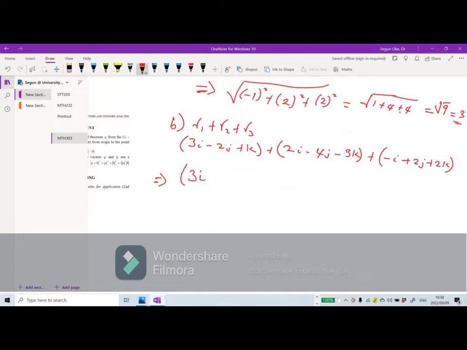The second i component is 2i. Another one is negative, minus i. Put it there. Plus, open the bracket, minus 2j minus 4j plus 2j, all the j together, plus k minus 3k plus 2k.